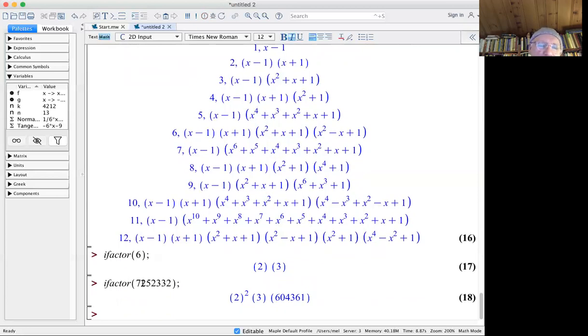So this number is 7,252,232. That's 2 times 2 times 3. And this is a prime number.